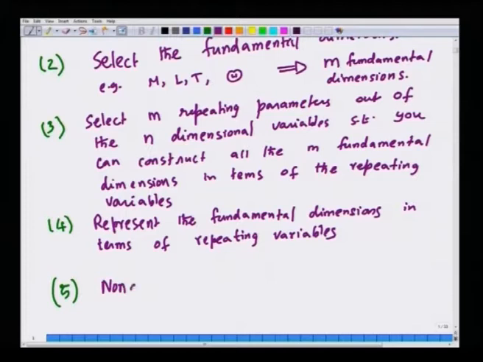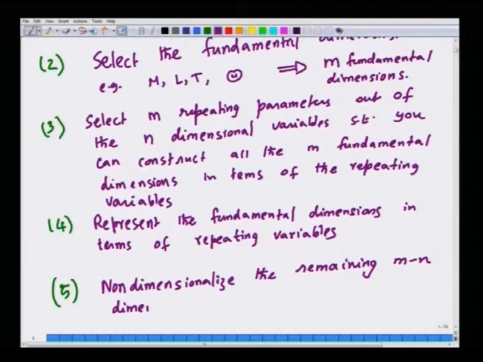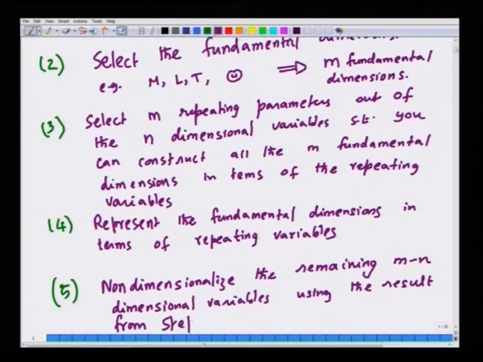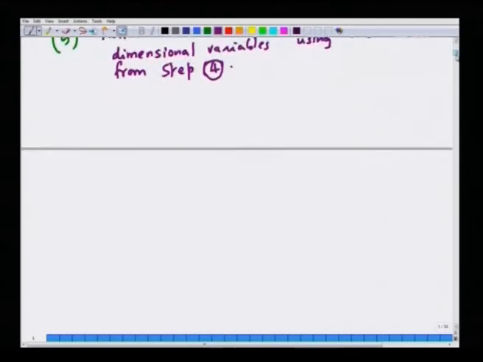Non-dimensionalize the remaining n minus m dimensional variables using the result from step 4. Okay. So, this is the essential procedure.